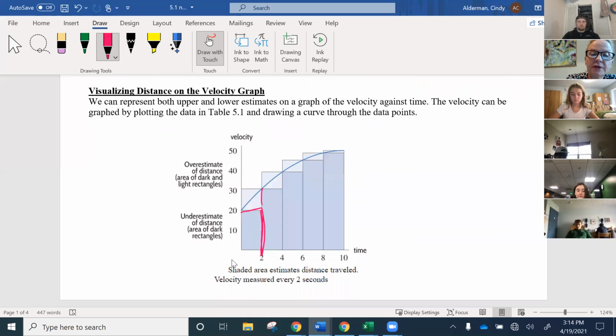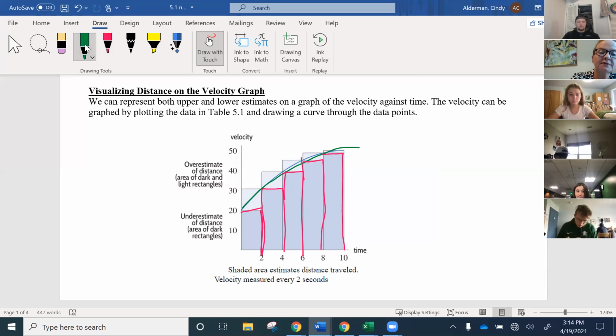So all of these rectangles represent, and remember, this is the original function, right? So all of these represent an under or lower estimate, right? Notice that it falls underneath the normal curve. And then anything above would be your upper estimate.